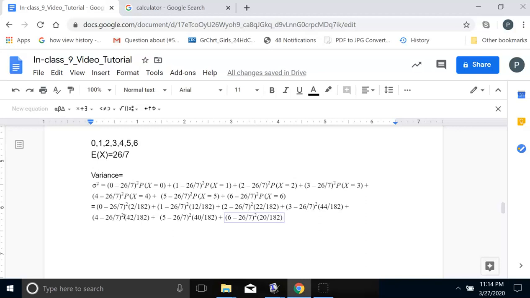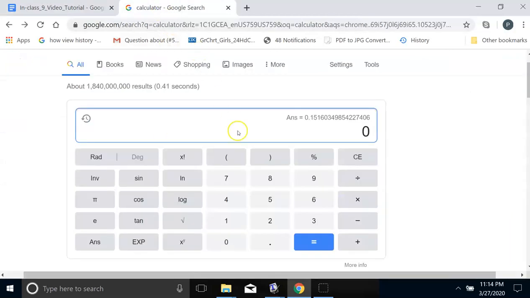Okay, so then this equals, let's do, say, the first one here. So let's go to the calculator. It'll be parenthesis 0 minus 26 divided by 7, close parenthesis, then raised to the second power multiplied by 2 divided by 182.